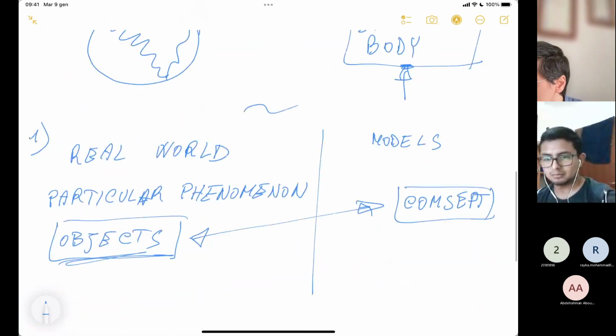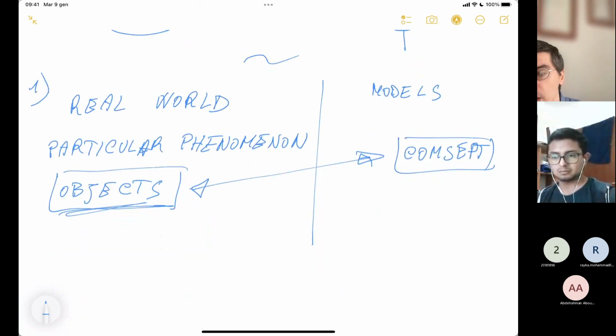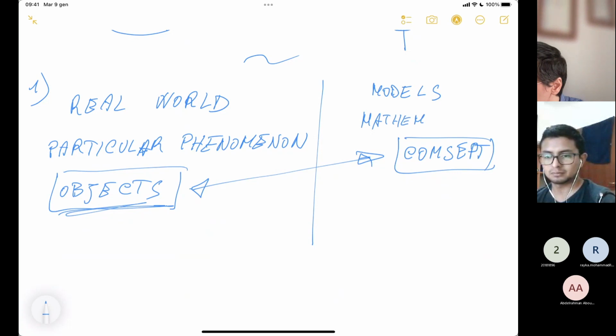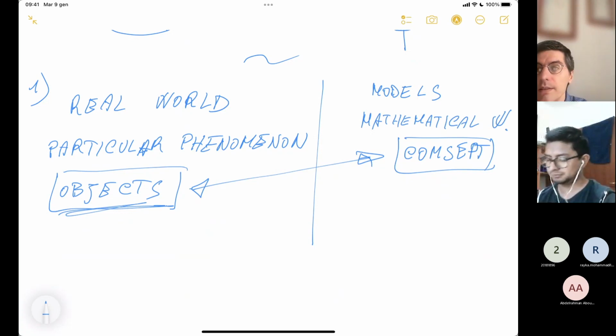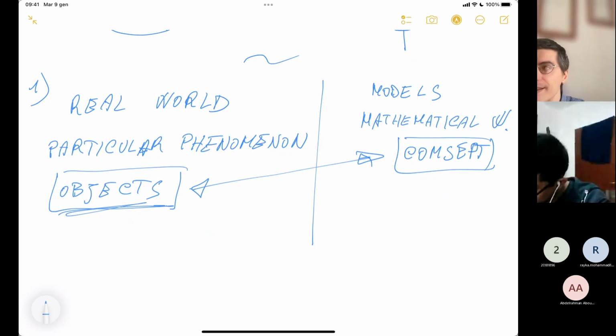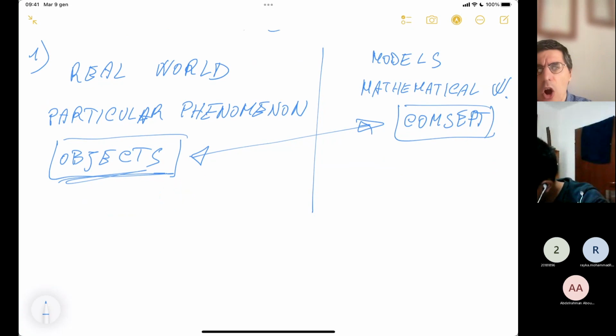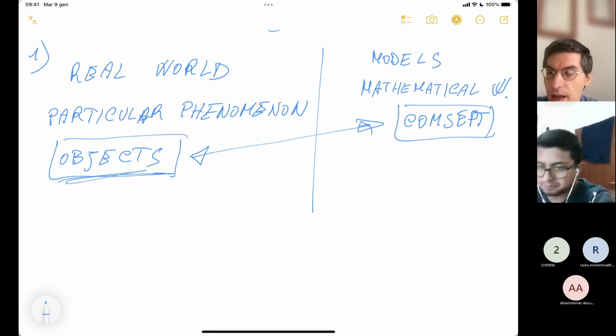So, depending on what you have to describe, you can define in the mathematical world some set of objects that is able to describe your system. And from a mechanical point of view, you have these objects to deal with. The real objects are bodies at the end of the story.